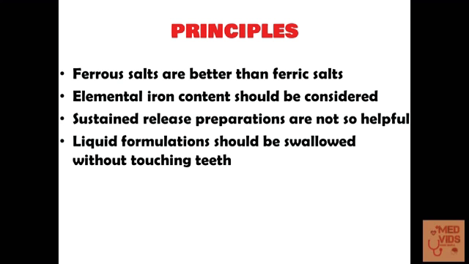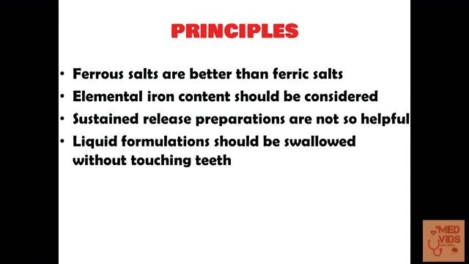The heme form of iron present in the diet is very easily absorbed from the intestines. Apart from that, the inorganic forms of iron include the ferrous form and the ferric form. Among these, the ferrous form is the one which can be absorbed from the intestine. So it is better that the formulations we provide have ferrous iron rather than ferric iron, so that it can easily be absorbed.